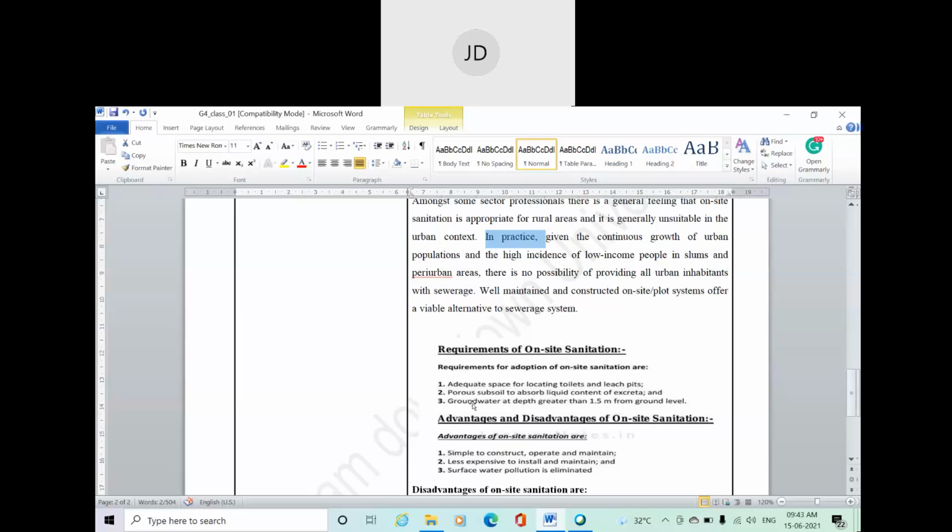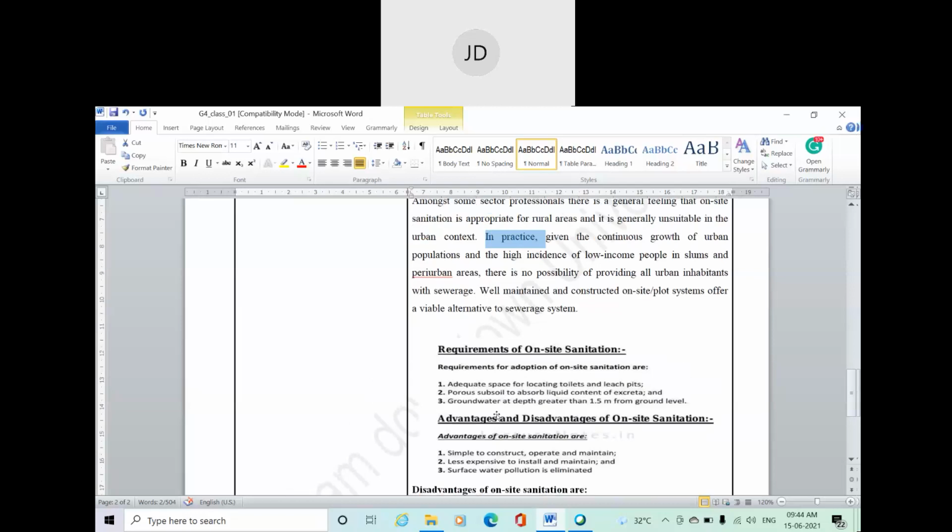Or you can also go for soil like fine grained soil which can absorb water. So we select a ground such that the subsoil is porous enough to absorb the liquid content of the excreta, so that solids may not go inside the ground, but at least water should penetrate into the ground. It will go through natural filtration through different layers of soil under the ground. It will finally reach the groundwater level. Fine.